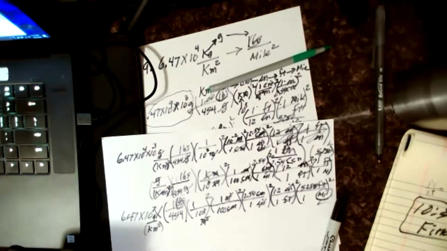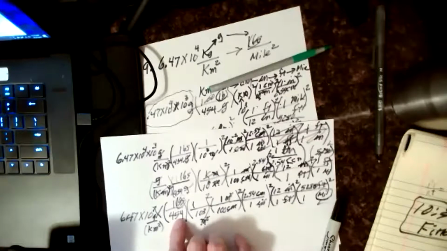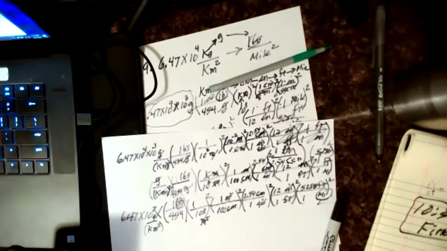6.47 with an exponent of 7. Okay. And now I want to divide that by 454.